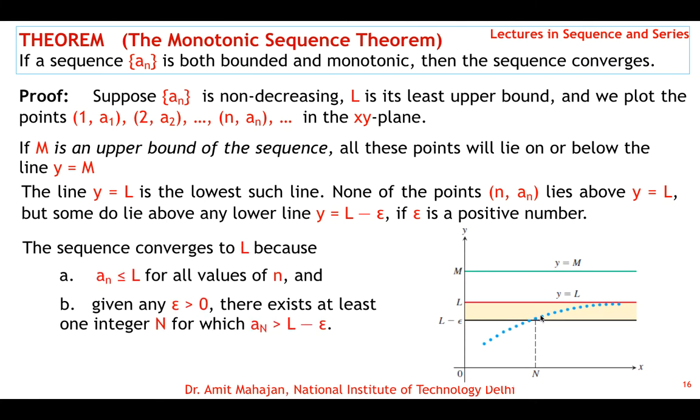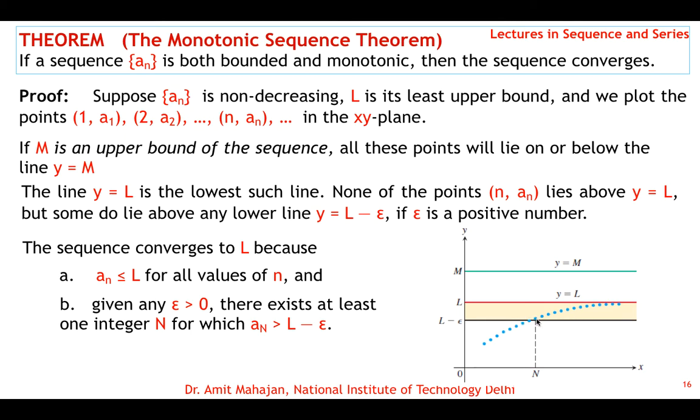Now this sequence converges to L, because of these two facts: the points in the sequence a_n are less than or equal to L for all values of n, because L is the least upper bound; and given any positive epsilon, there exists at least one point n at which the element value is greater than L minus epsilon, because if it is not true, then L minus epsilon becomes the least upper bound.